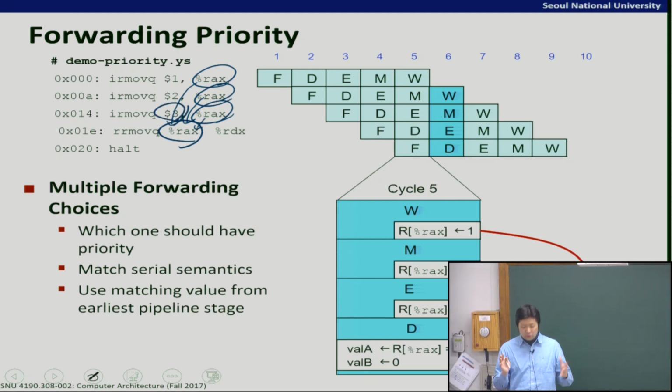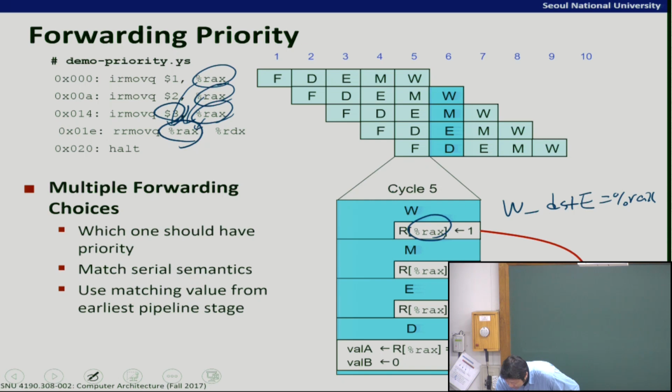But in our forwarding logic, we detect all these matching pairs, right? So we actually have 3 matching pairs. In the write-back stage, this one has W dst, this is RAX. And this one is M dstE, also RAX.